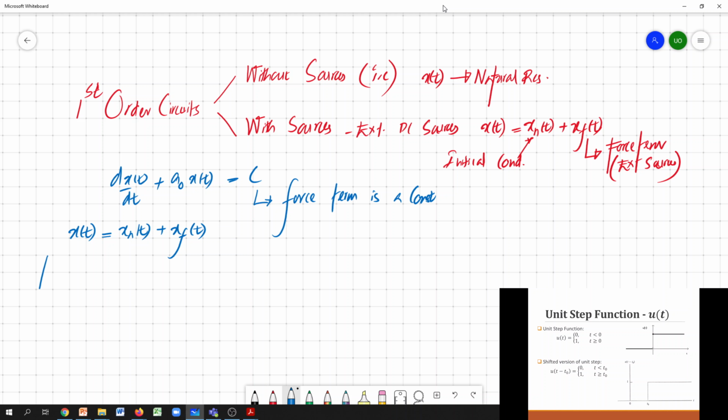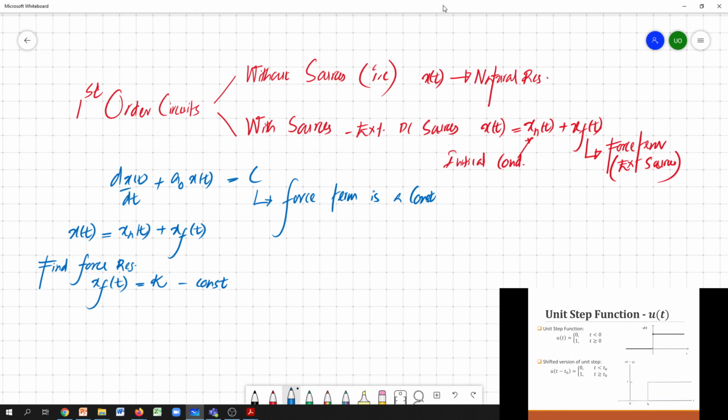So how do we find the forced response? We take the trial solution for the forced response as a constant, because the forced term is actually a constant c.